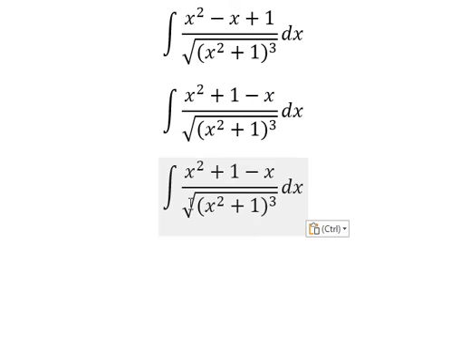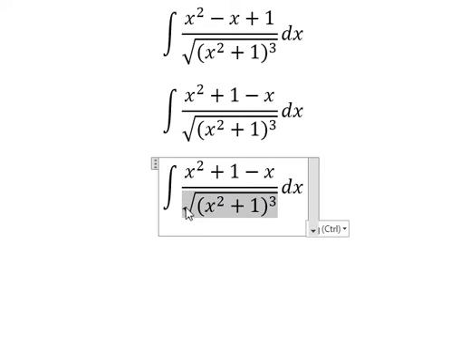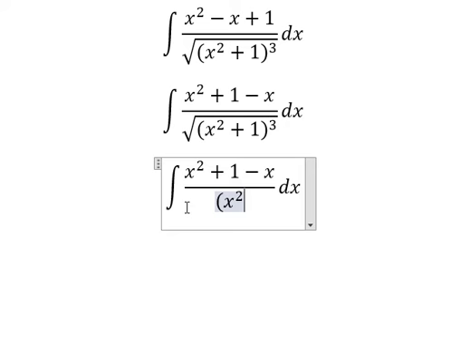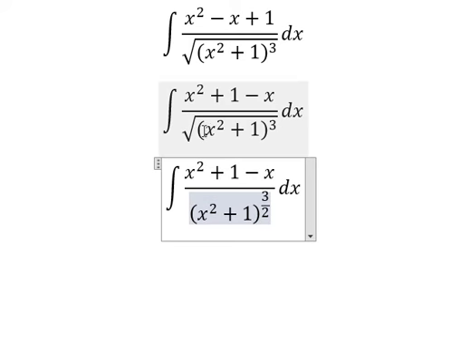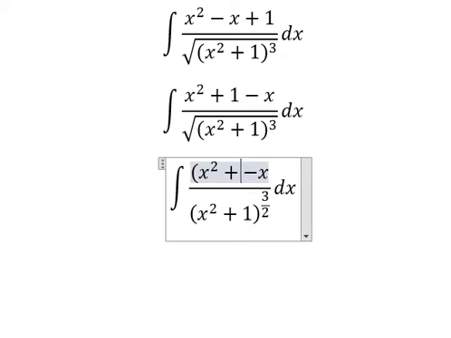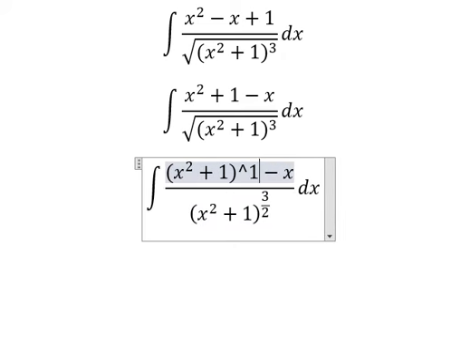We know that this one we can put into s squared plus 1 to the power of 3 over 2. The square root, that is about 1 over 2. This one, that is about positive number 1.